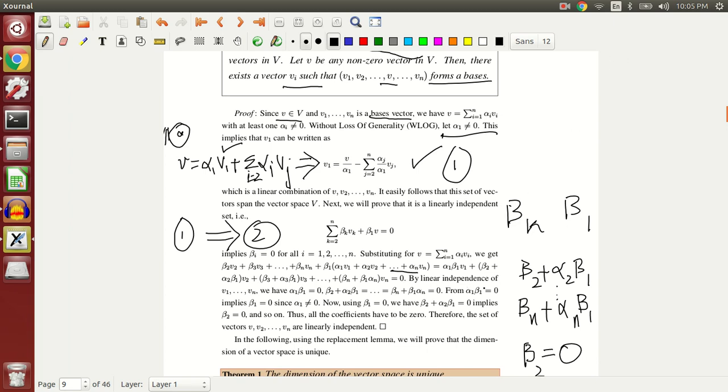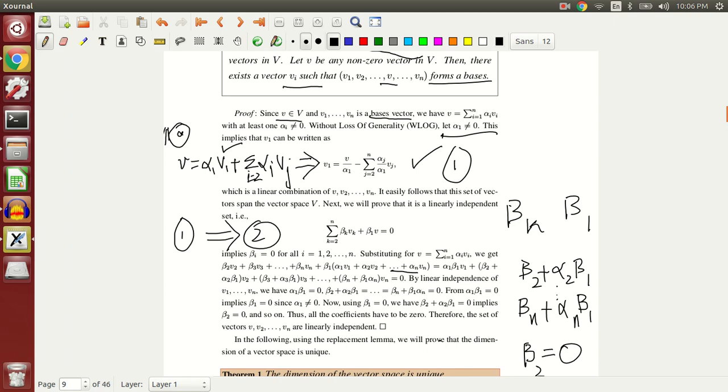So if alpha 1 is not 0, beta 1 is equal to 0. If beta 1 is equal to 0, this term becomes 0, this term becomes 0, as a result of which this is a linear combination. So then all the coefficients have to be 0. Therefore, the new replaced vector spanning set is still linearly independent.